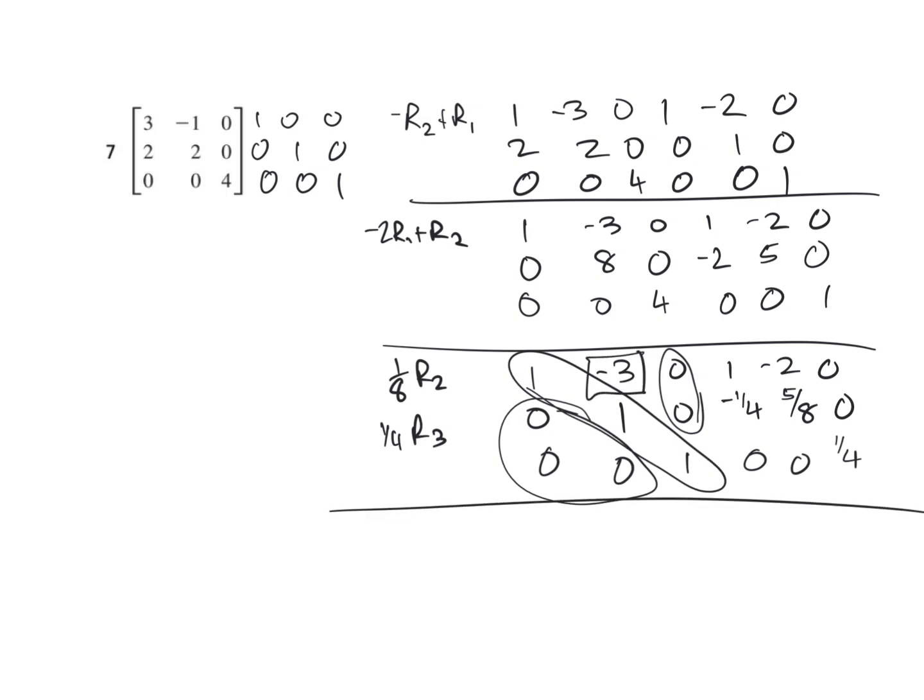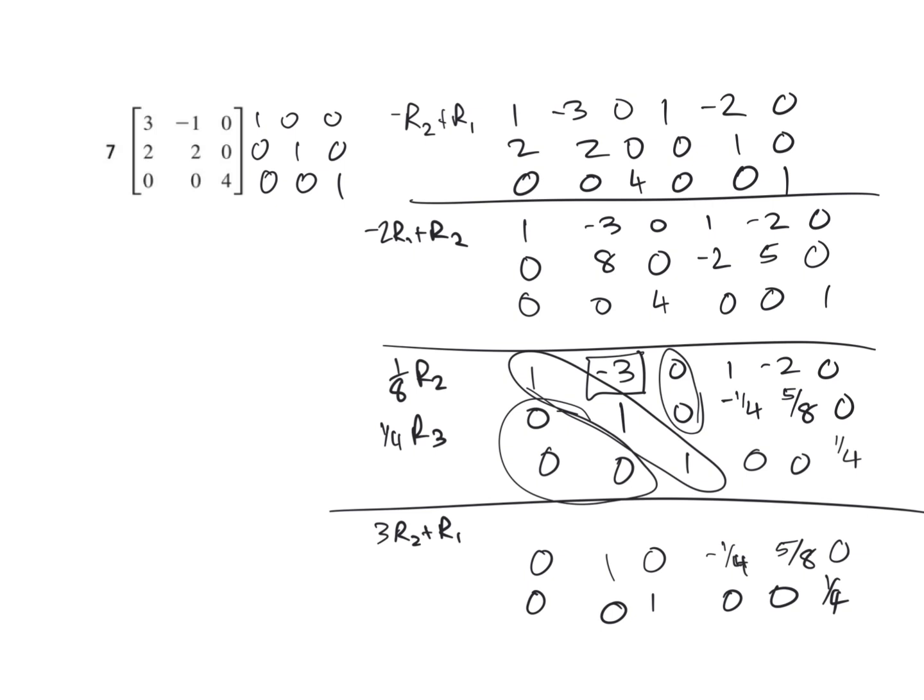So we're going to take 3 times row 2 plus row 1. All right? So 0, 0, 1, 0, 0, 1/4. Okay, so row 2 is still this, 0, 1, 0, negative 1/4, 5/8, and 0.